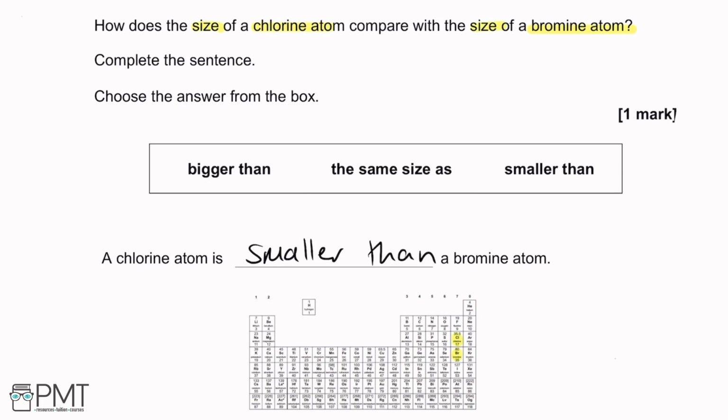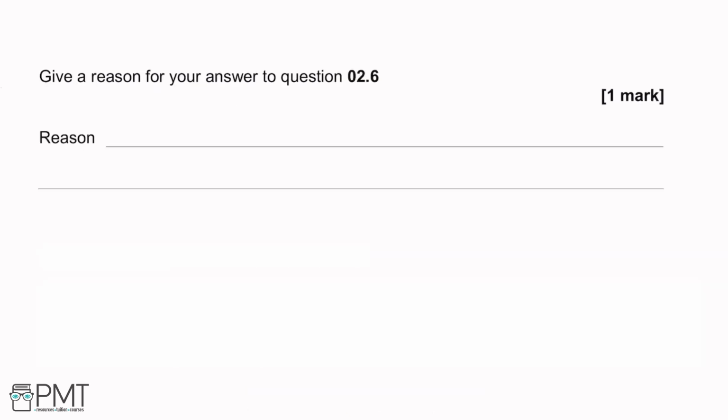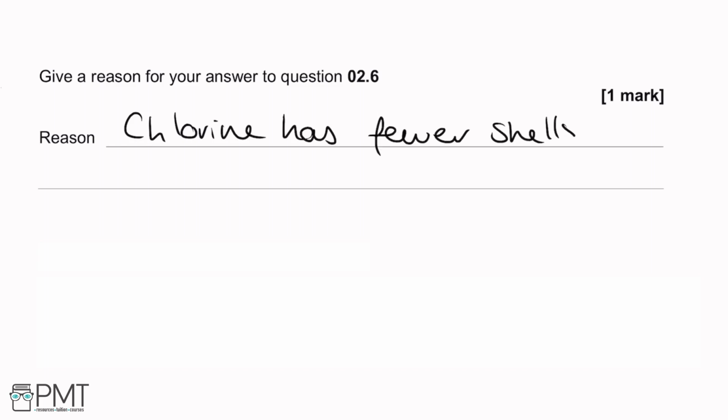And that's the correct answer for 1 mark. This next question asks us to explain our reasoning behind why chlorine is smaller than bromine. As I just explained using the periodic table, chlorine has fewer shells than bromine, and that's the answer that I would probably go for.